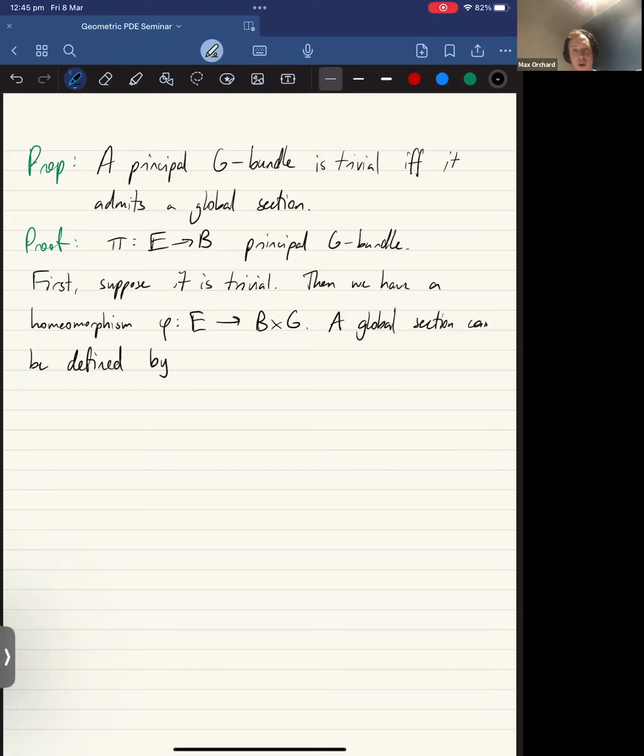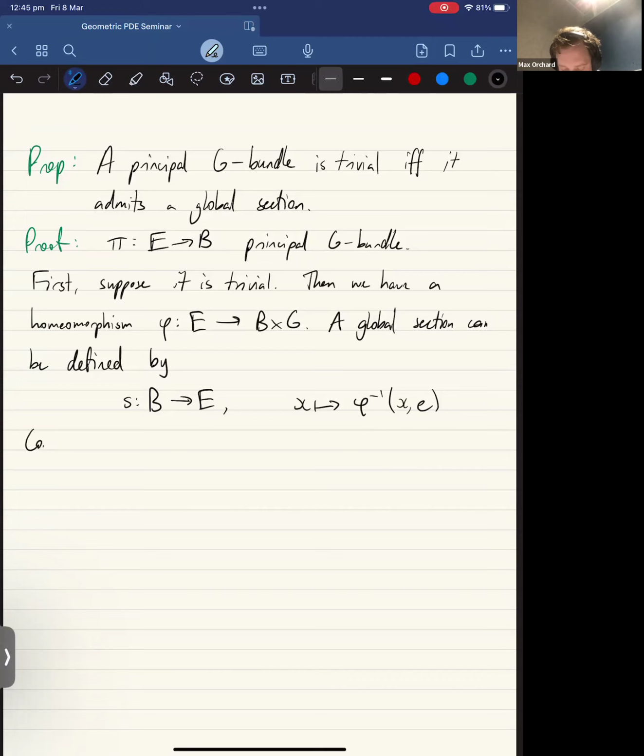We can define a global section on such a trivial bundle by just, I'm going to write S for section. We just send an element of our base space to the inverse here, along with our distinguished element of G, E. So basically, this defines a global section, a section that's defined globally on the trivial bundle.